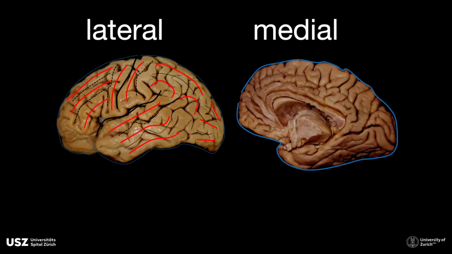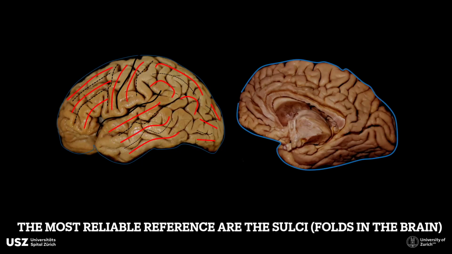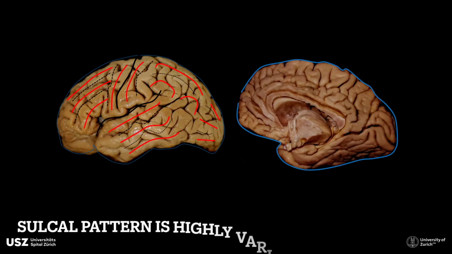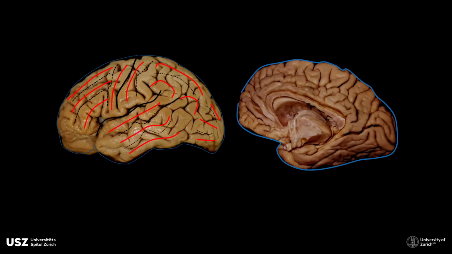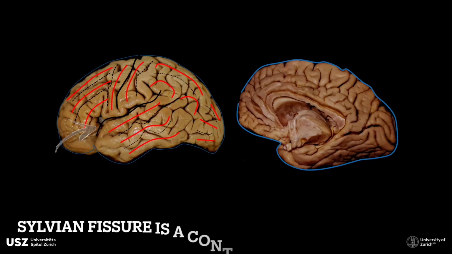On the lateral pattern, the most reliable references are the sulci. And also there, I repeat, and we will see later in the section, I will repeat it millions of times, the sulci are also highly variable. We distinguish between continuous sulci and interrupted sulci. The Sylvian fissure is a continuous sulcus.